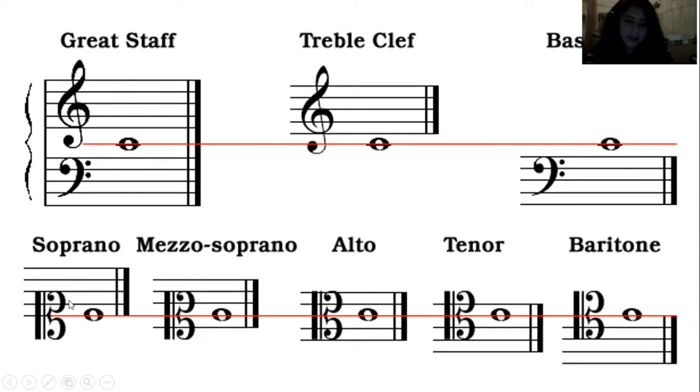The clef is written at the beginning of the staff, and it determines the height of the notes, and it is placed here, always here. The G clef is the most common clef. Obviously, that's why it is so famous.